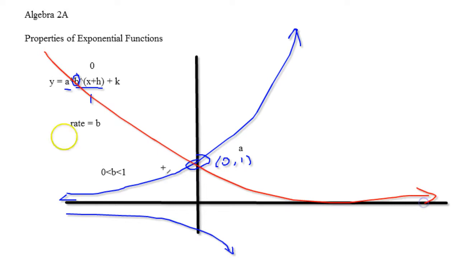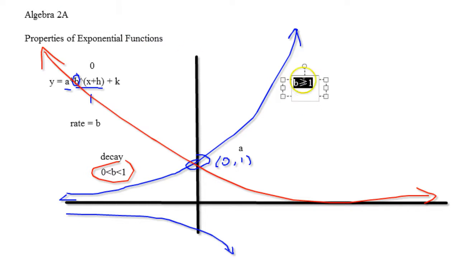And so it's going to be something that looks like this. Sorry about my little belly flop there and bounce up. But that just means we're going to be dealing with decay. However, right here, B is definitely going to be greater than 1.